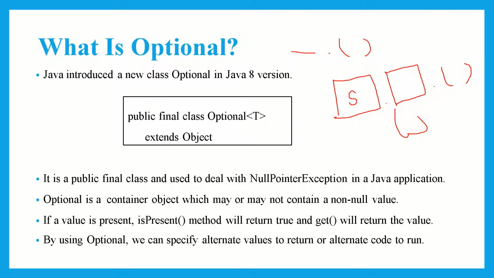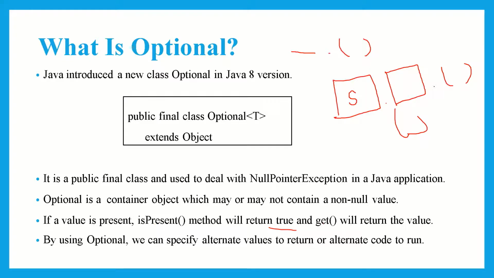So Optional is a container object which may or may not contain a non-null value. It will either have a non-null value or it will be empty. If a value is present, the isPresent method will return true, and get will return the value. So whenever you declare an object as Optional, first you check whether you can get a value from it or not.